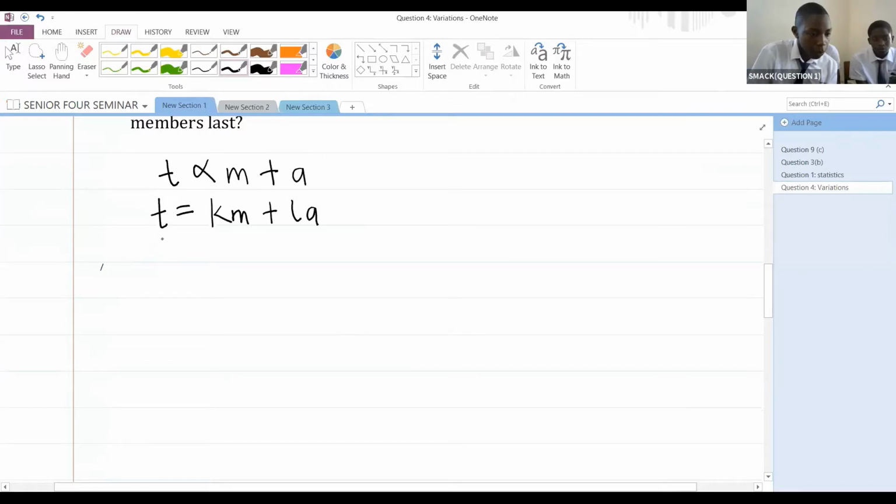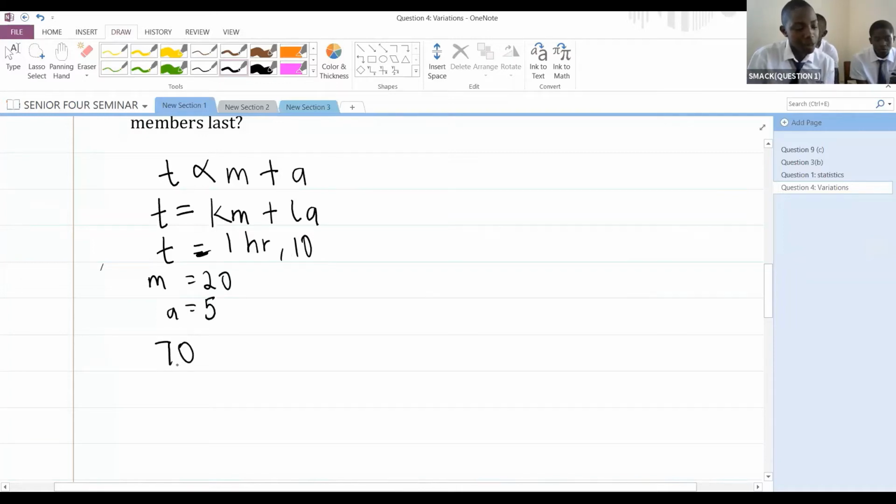So when time is equal to 1 hour, 10 minutes, the number of members present is equal to 20, and the agenda has 5 items on it. 1 hour, 10 minutes could also be expressed as 70 minutes, because 1 hour has 60 minutes in it, plus the 10 minutes, that's 70. 70 is equal to the constant K times the number of members present plus the other constant L times the number of items in the agenda, which is 5.